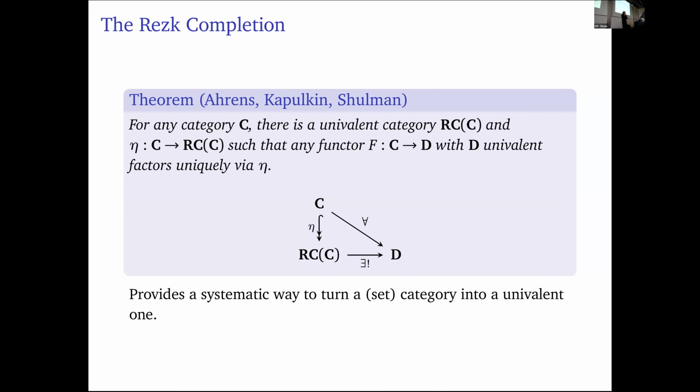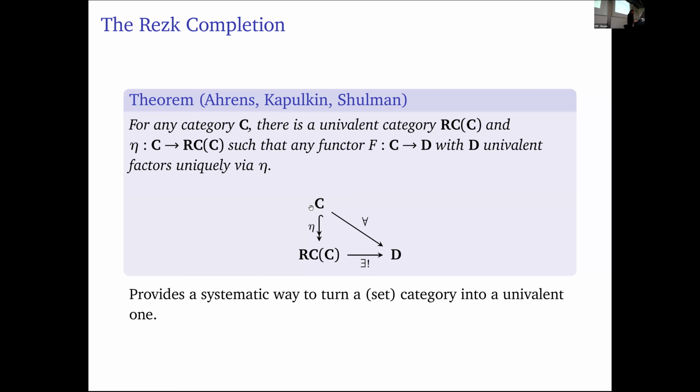Importantly, we have something called the Rezk completion that allows one to construct a univalent category from a category, not necessarily univalent, not necessarily a set category. So we have a free univalent category that satisfies the universal property of a quotient.